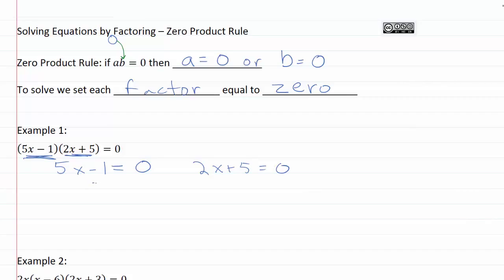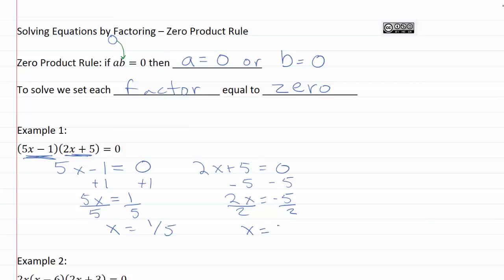Okay, so over here, I'll go plus 1, 5x equals 1, divide by 5, and I come up with x equals 1/5. Over here I'll do minus 5, 2x equals negative 5, divide by 2, to come up with x equals negative 5/2.